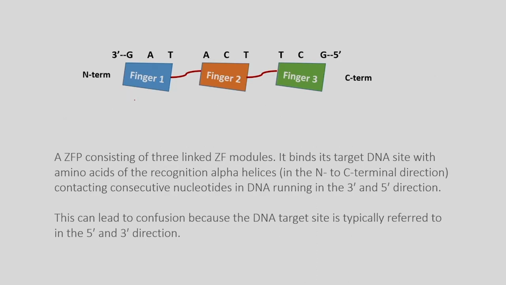So, you have here 3 fingers, finger 1, 2, 3, and you have some cognate sequences in the DNA.